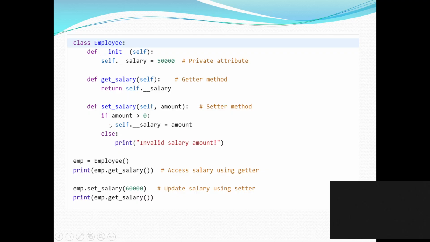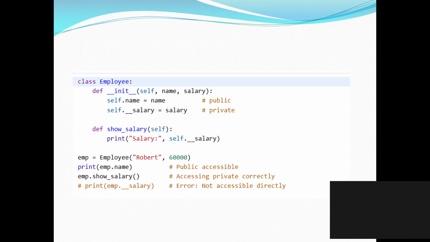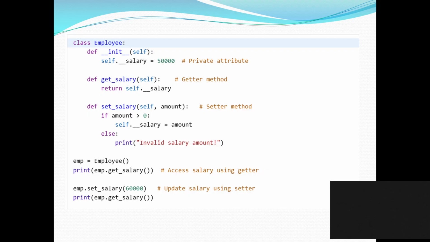But the setter checks if the amount is greater than 0, then we set salary equal to amount. Else we print invalid salary amount. So this is how this works. I hope you have understood how the private access modifier and protected access modifier work in encapsulation.